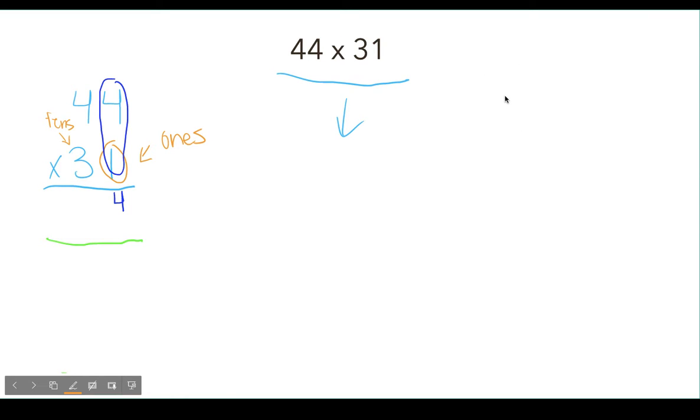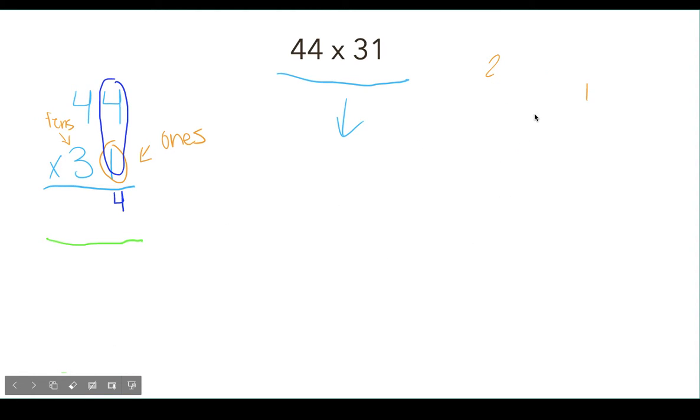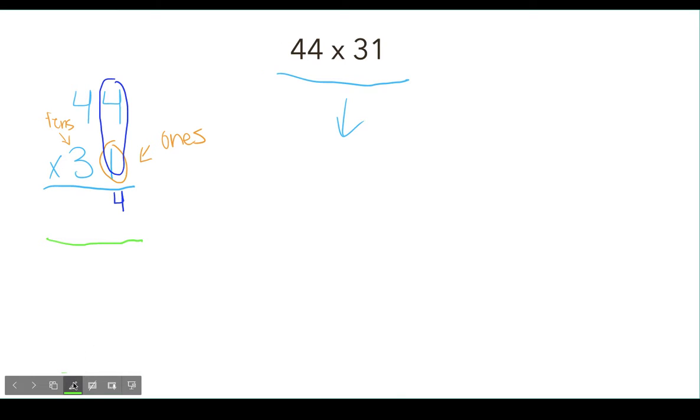If you remember from one-digit multiplication, if we have a number like 31 and we have to multiply it by 7, we're going to go diagonal. So first we're going to solve like this. That's step 1, and this is step 2. Anyway, using that, now we're going to solve 4 times 1.